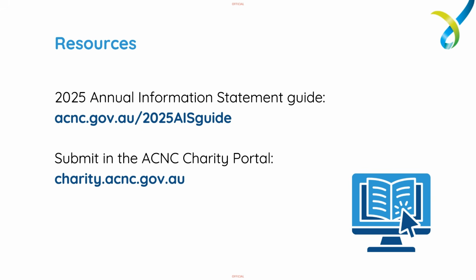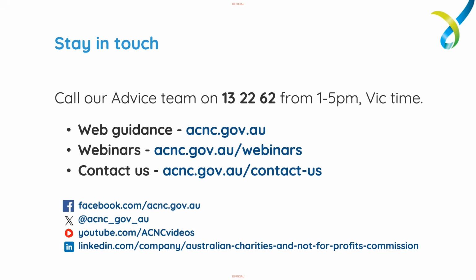As I mentioned, we've provided you with lots of links in the chat today to help you meet these next steps, as well as other AIS and reporting resources. The most important resource is the AIS guide, and the link is on your screen for 2025, but each year we produce a new one, so there's always fresh information to help you. You can also come back and watch this recording when you're ready to report.